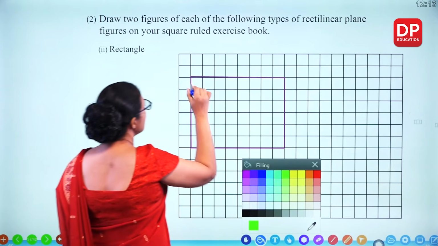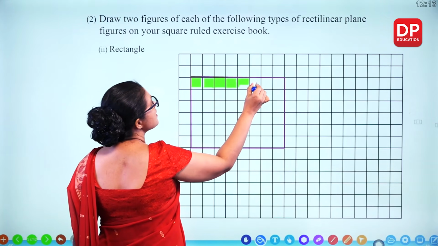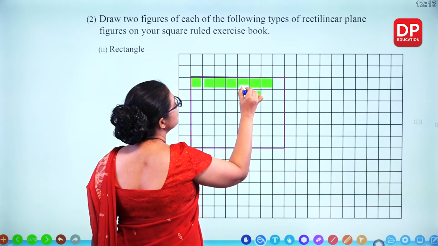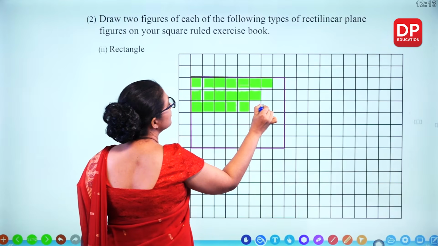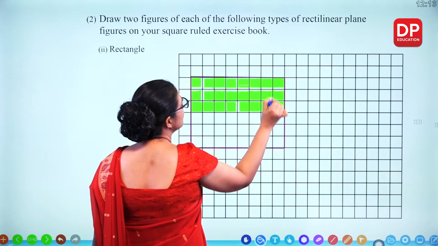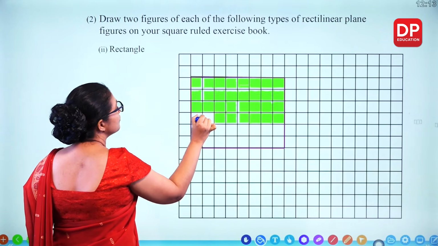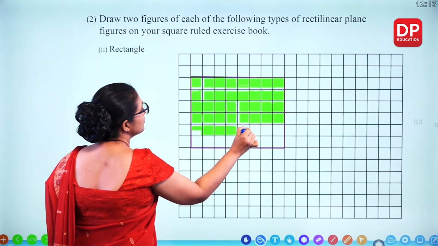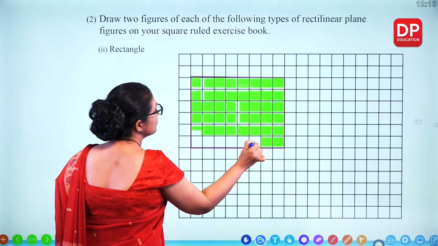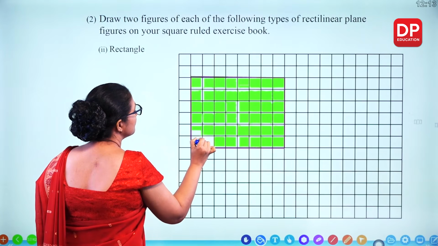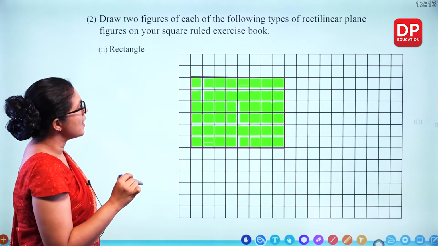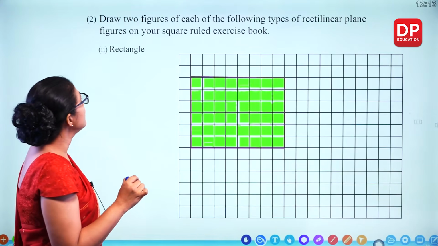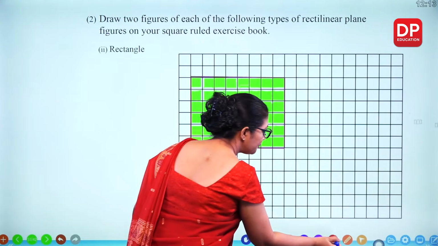That's clear. When I color this, you can see the figure clearly. So that's a rectangle. We'll draw another rectangle.